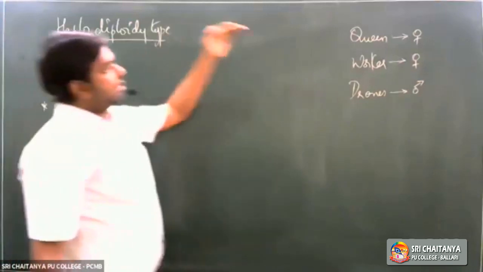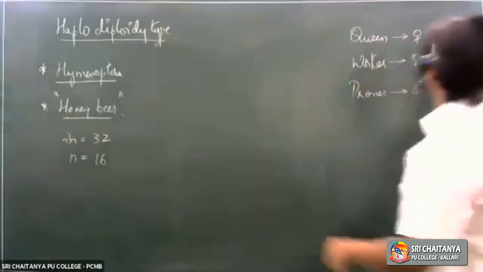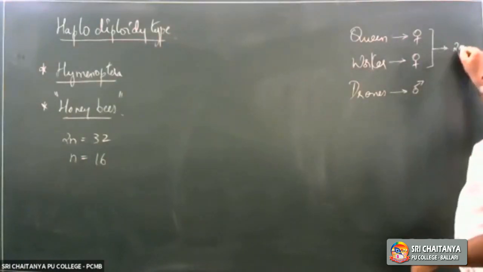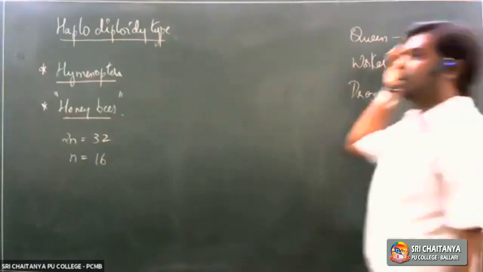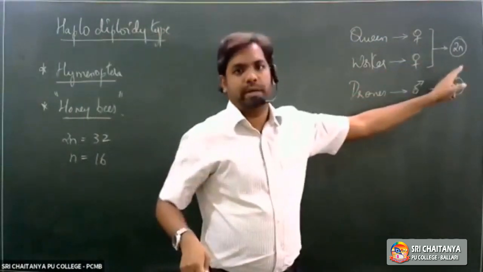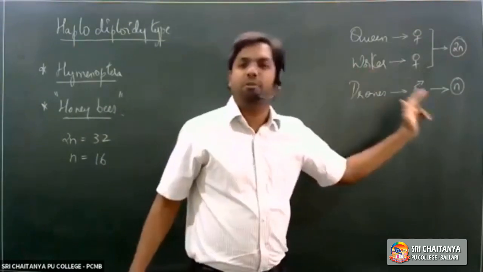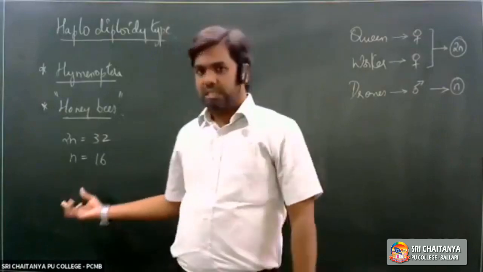Now, among these queen, workers, and drones, queens and workers both are said to be diploid individuals, whereas the drones are haploid. So this you need to remember. Queen and workers have 32 chromosomes, whereas the drones have only one set of chromosomes, so they have only 16 chromosomes, right?